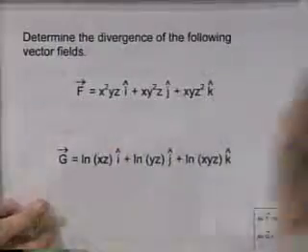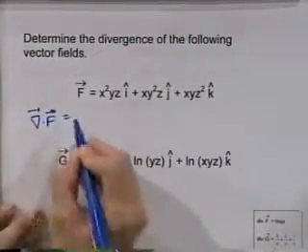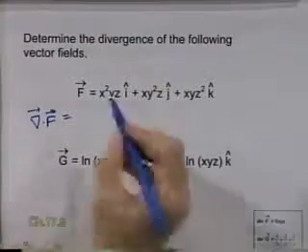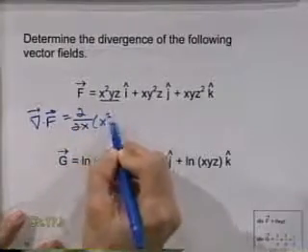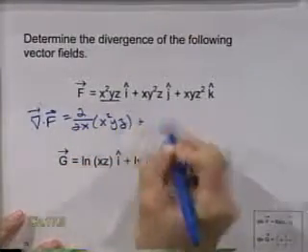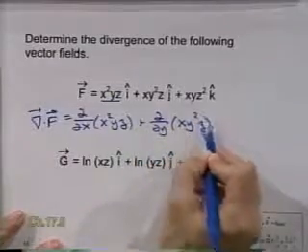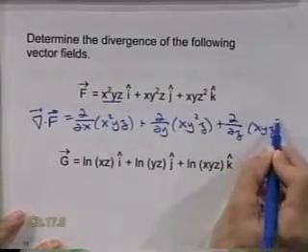So what we want to do is just evaluate the following divergence, which is real easy. For this one, del dot f is just, you take your x component, you take the partial of that with respect to x, you take your y component, take the partial of that with respect to y, plus take your z component, take the partial of that with respect to z.